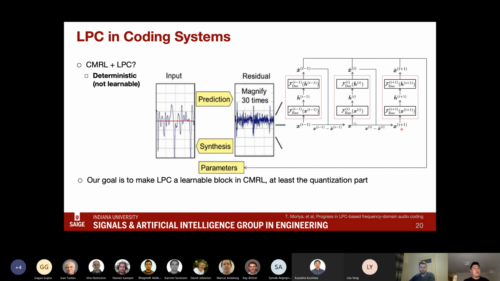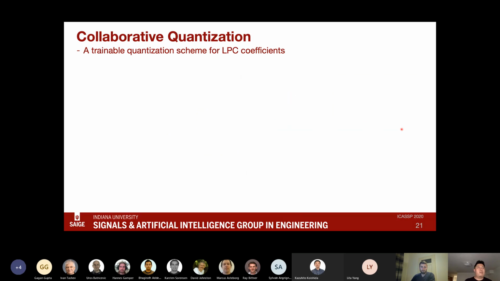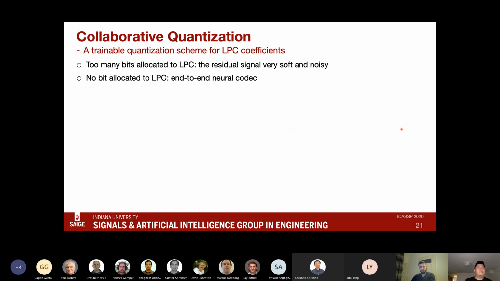The goal for collaborative quantization here is to make LPC a trainable block in CMRL. Why do we have to do so? Think about this. If we assign too many bits to the LPC part, the residual will be very soft and noisy, because the goal for the LPC algorithm is to minimize the energy of the residual signal.